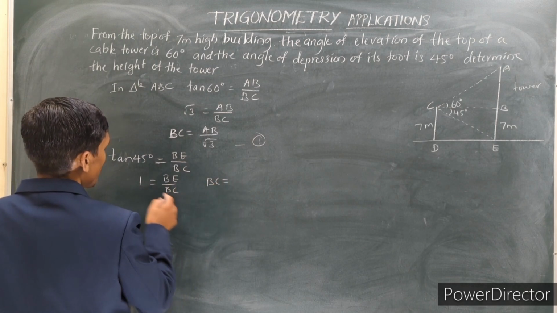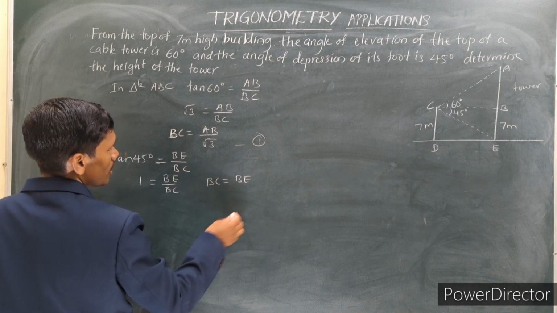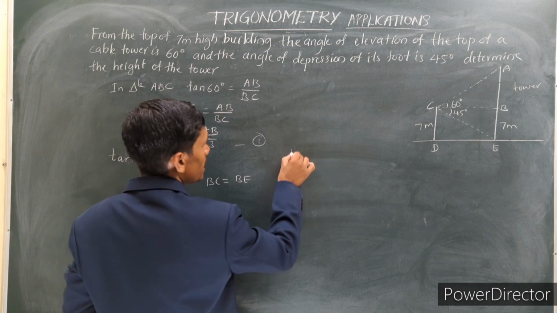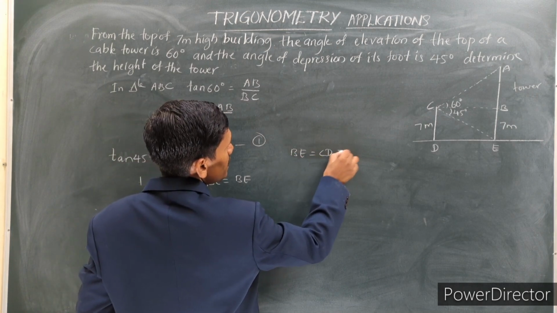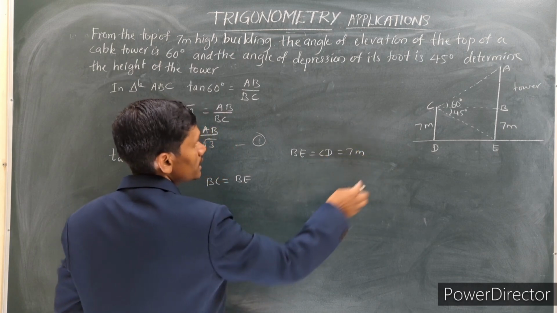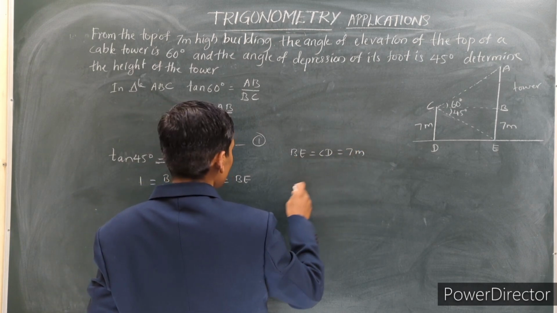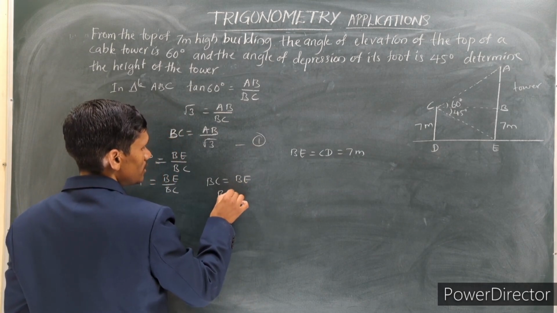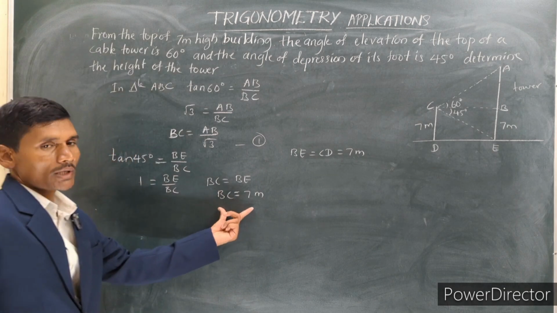BC is equal to BE. Now, BE is equal to CD, and CD is 7 meter. Since CD is 7 meter, BE should also be 7 meter. So BE is 7 meter means BC will also be 7 meter.